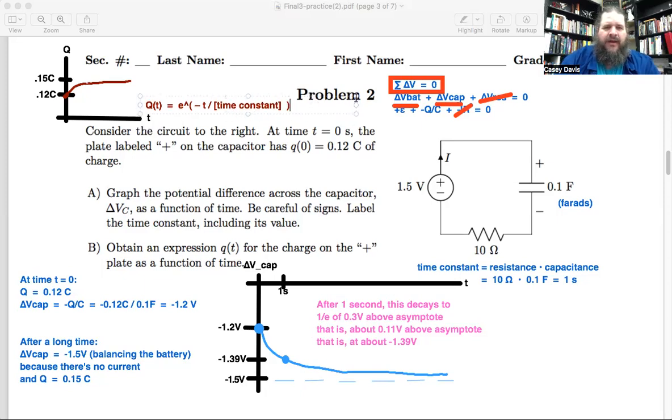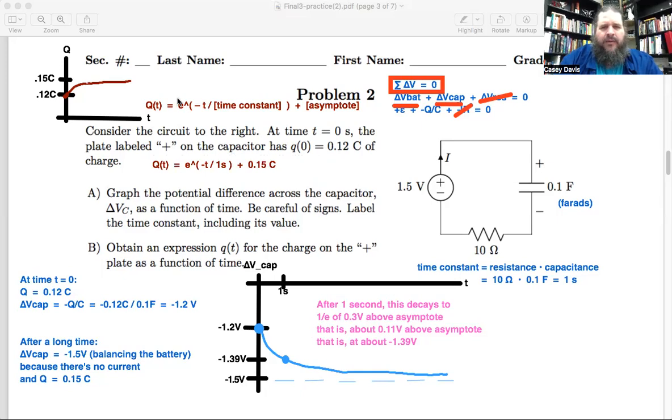So e to the power of negative t over the time constant plus the value of the asymptote, in this case, 0.15 coulombs. So that gives us e to the power of negative t over 1 second plus 0.15 coulombs.